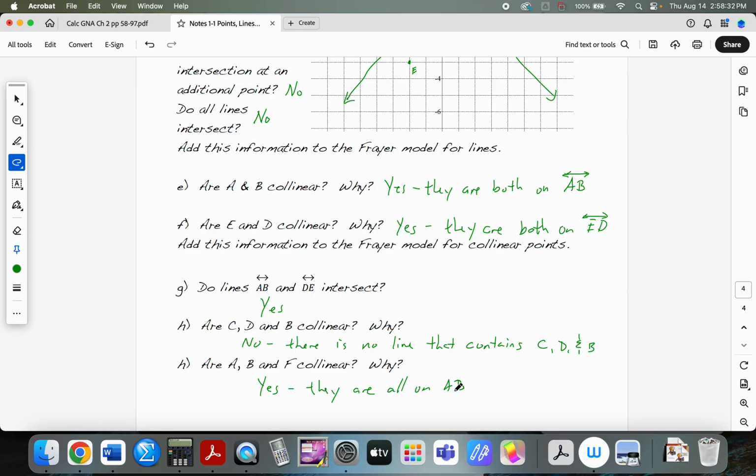And you can just call it line AB. You don't have to call it ABF. In fact, mathematicians are kind of lazy, and so they don't ever name all the points on it. They just give 2 of them because that lets you know which line we're talking about. Okay? But that's the logical assumption.